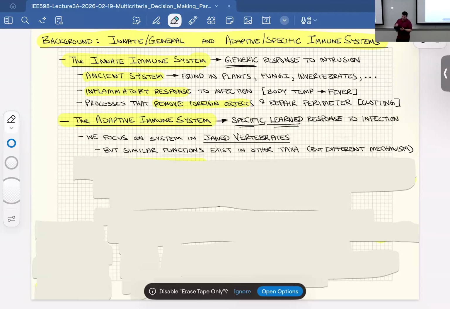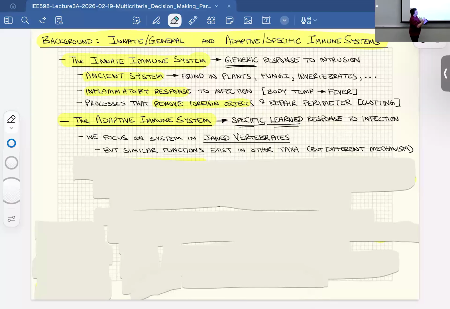The one that we focus a lot on here is the adaptive, or acquired, or specific immune system. This is a specific learned response to a particular infection. When you get sick with a cold, or with the flu, your body responds, but then you won't necessarily get reinfected for a certain amount of time, because your body now remembers what that flu is, and knows how to respond early before it becomes a problem.